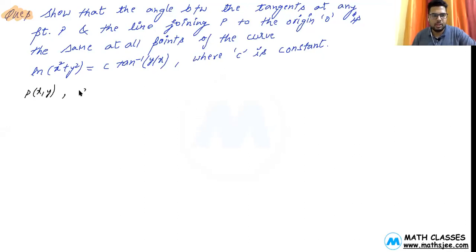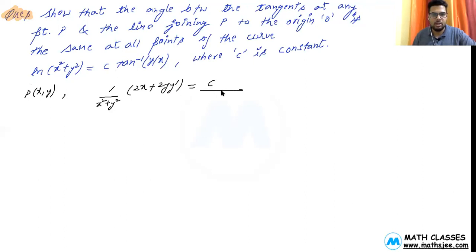So slope of a tangent will be dy by dx. For this, what we can do is we can differentiate this expression. We will be getting 1 by x square plus y square, 2x plus 2y y dash equals, c is the constant, derivative of tan inverse x is 1 by 1 plus x square.